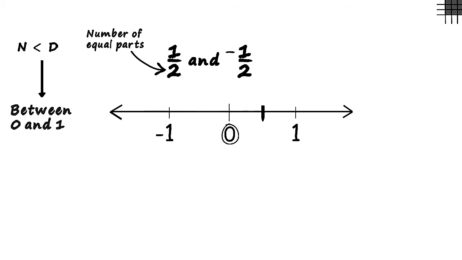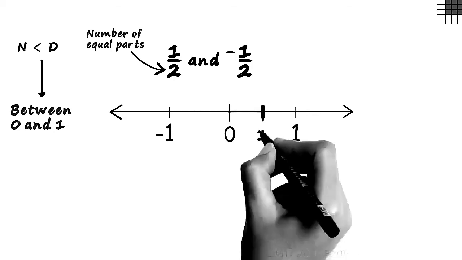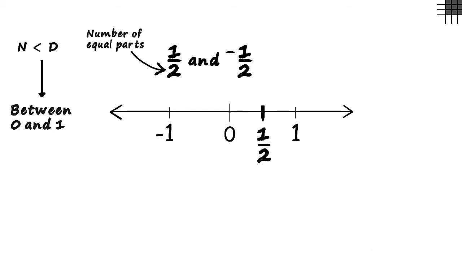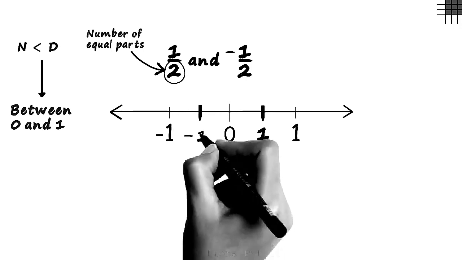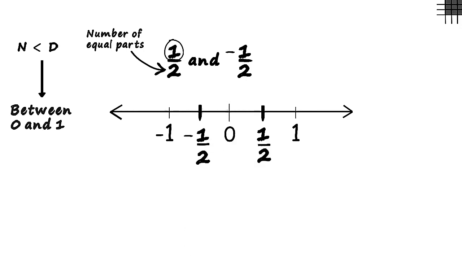The numerator is 1. So, we take one part from 0 and mark 1 by 2. We can use the same procedure to mark minus 1 by 2 on the left side of 0. In our example, minus 1 by 2 corresponds to 1 by 2.